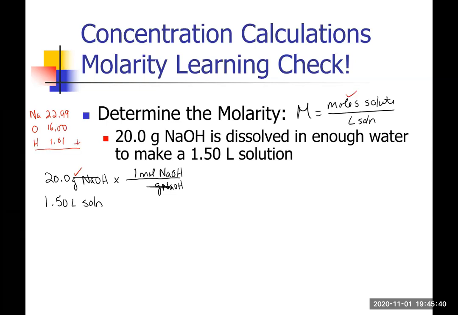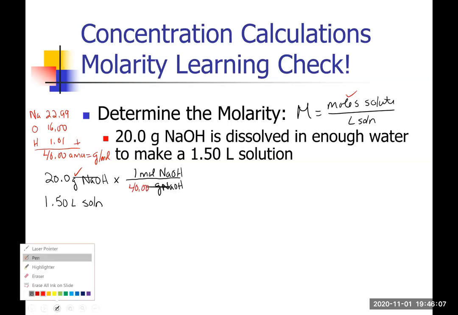When I add all of those together, I get 40 atomic mass units, which is also 40 grams per mole. So I'm going to put 40 grams per 1 mole into this problem.